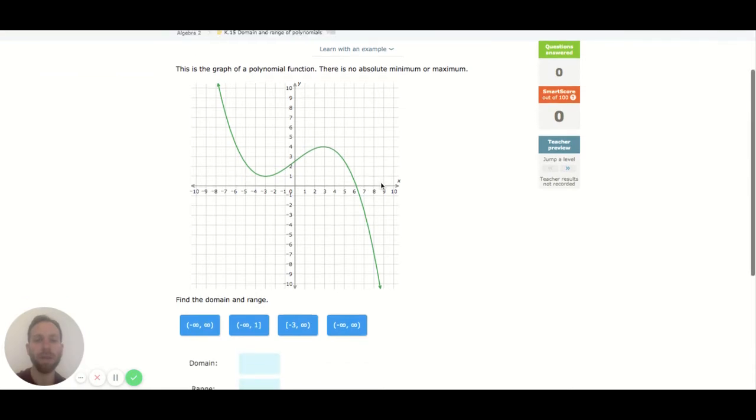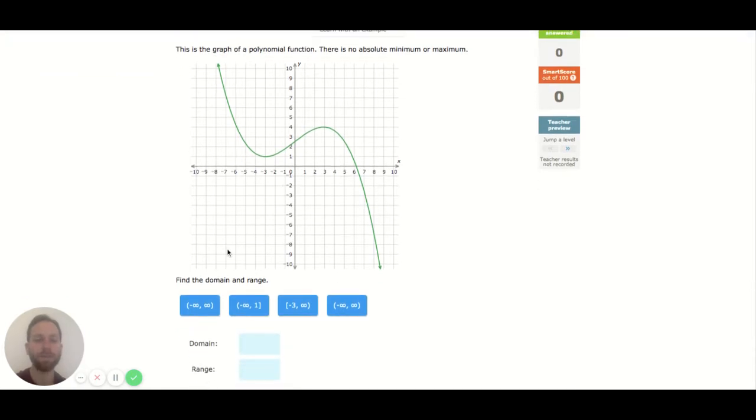So let's go ahead and look at this example. We're finding the domain, the set of inputs or x values, and range, the possible y values or outputs. In order to find the domain, we want to think x values. So that's the x-axis. How far left and how far right would this function go? This function is going up, but it's also going to the left.